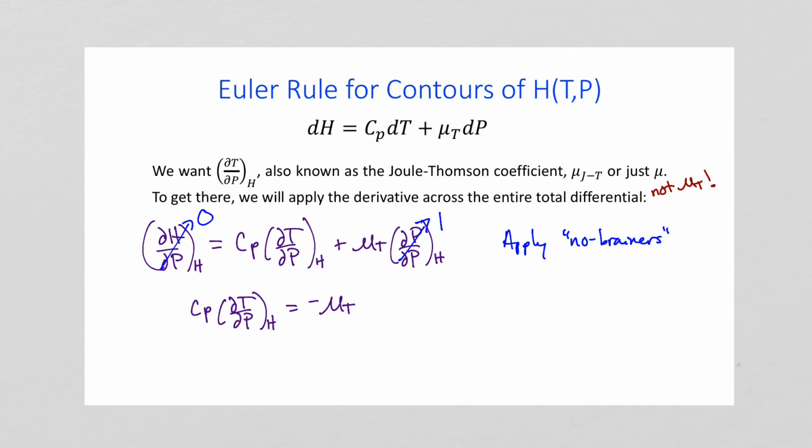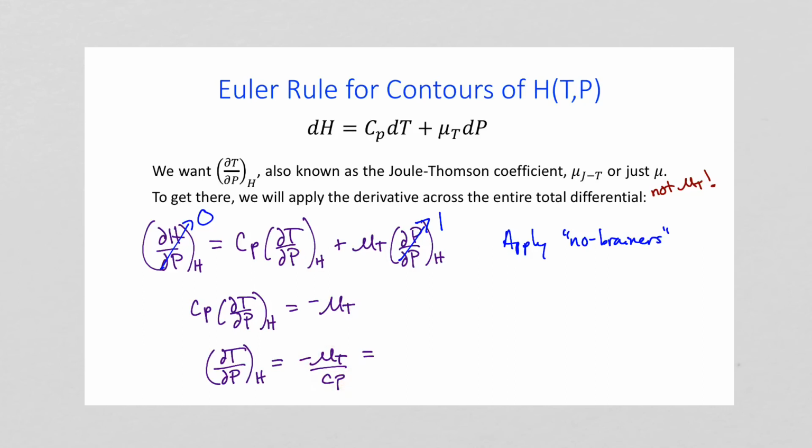We were interested in the quantity (dT/dP) at constant H, so let's rearrange so that we have that quantity. We end up with minus mu_T over Cp. Just like before, we know that these symbols represent differential quantities.